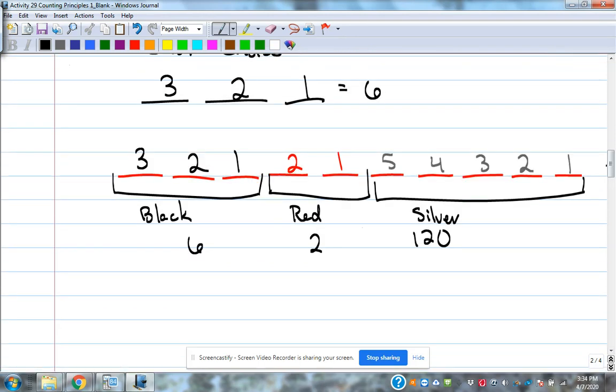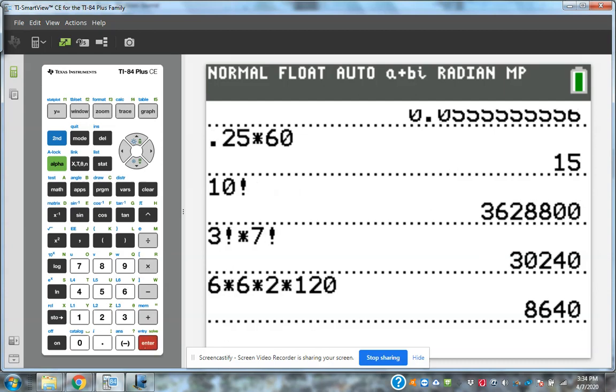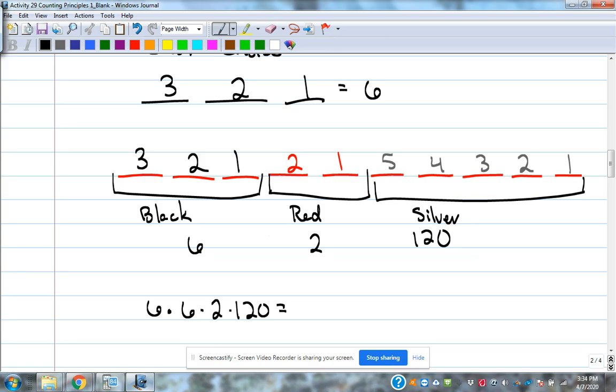I can do that math in my head pretty easily. So we multiply all these together: 6 times 6 times 2 times 120. And that I do need the calculator. 8,640 ways.